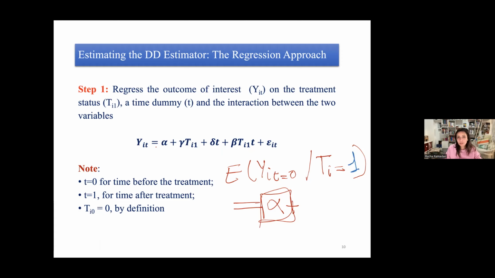I know that this individual will benefit from the Forsa program, but I want to know his expected outcome in the period t equals 0.